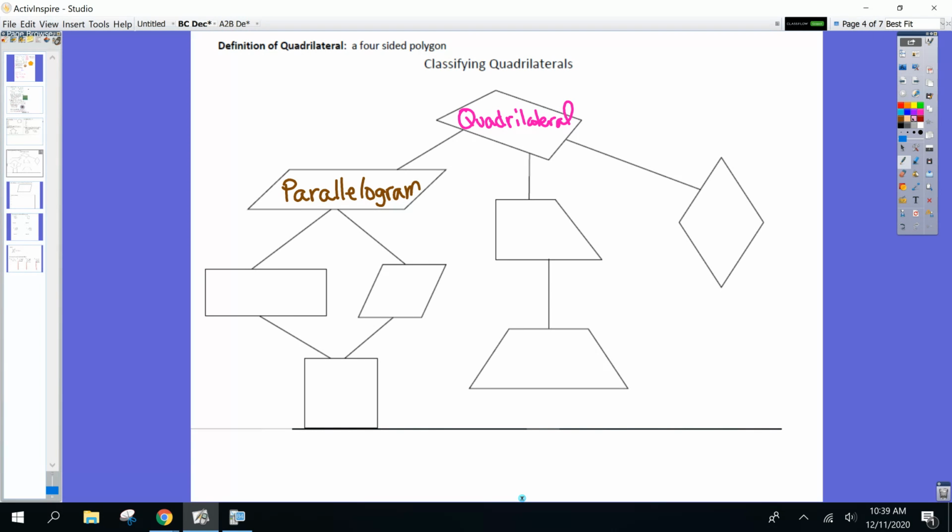I think there's a rectangle. A rectangle. Rosie the rectangle. Yes, the rectangle. I think the other one's a rhombus. Randy the rhombus.